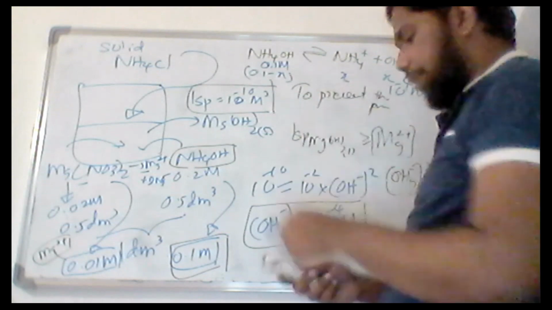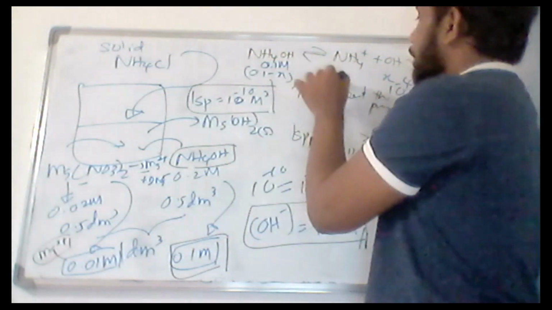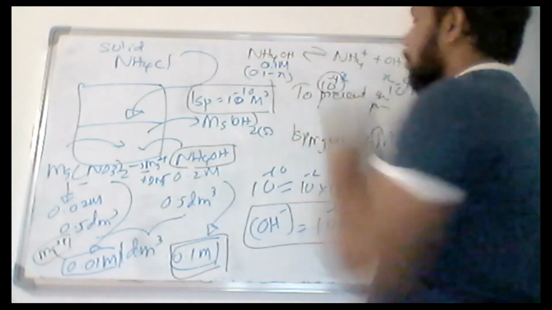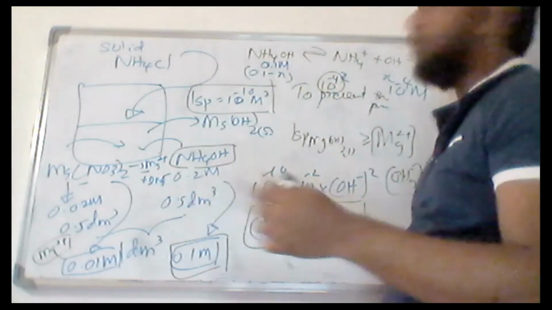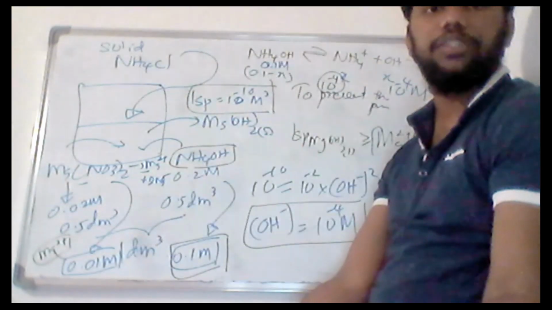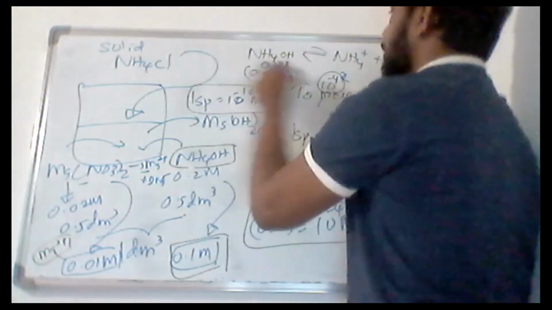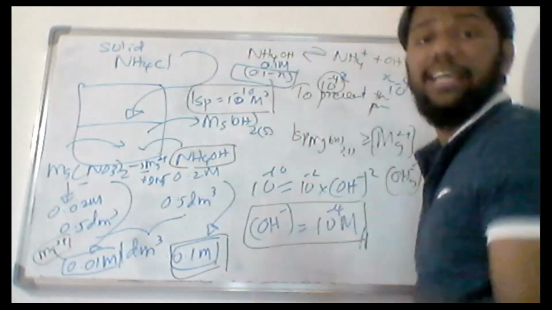So this one will then be 10 to the power minus 4 plus something, because we add NH4Cl. We don't know the amount of NH4Cl that is added. So typically, this is 0.1 M minus x.